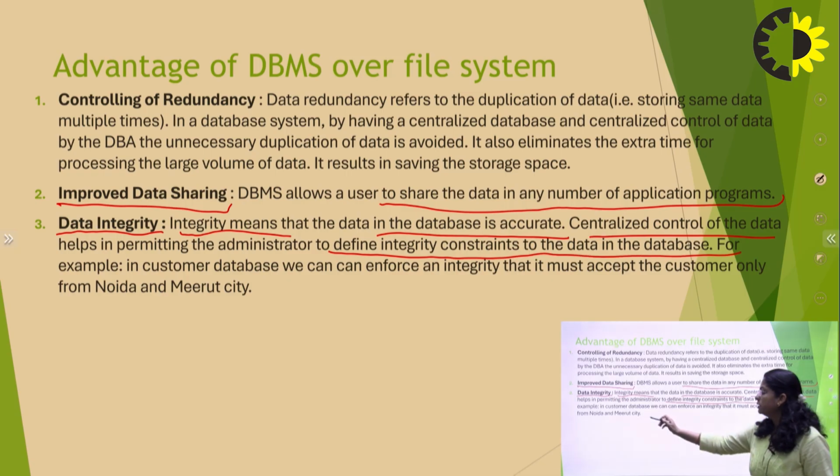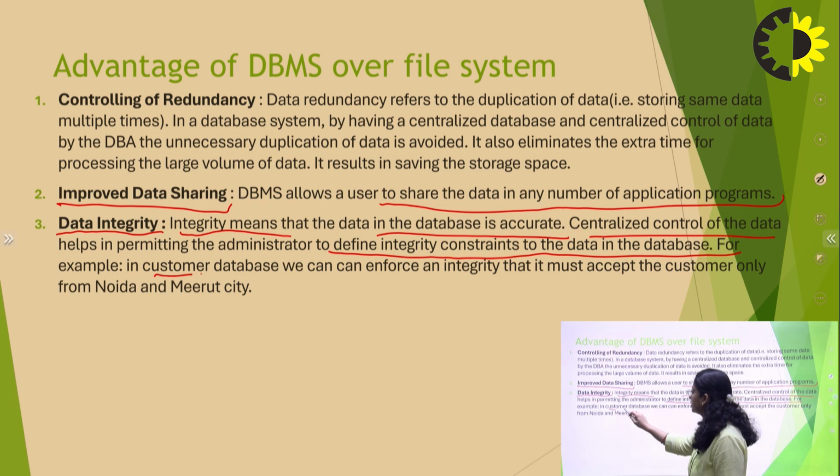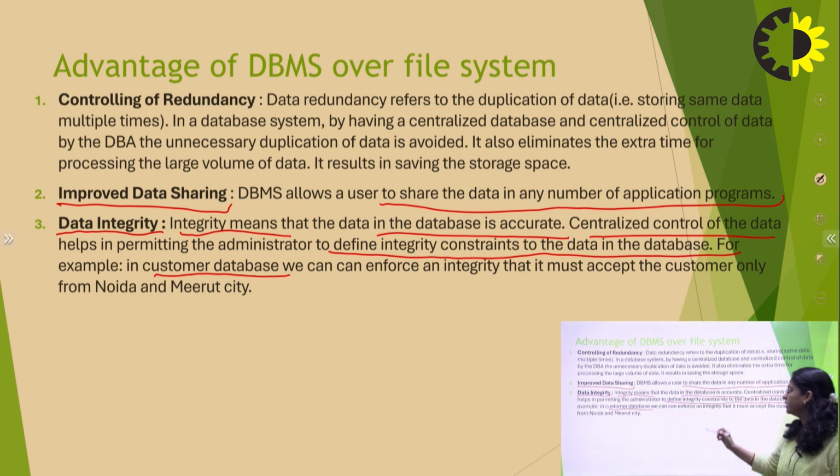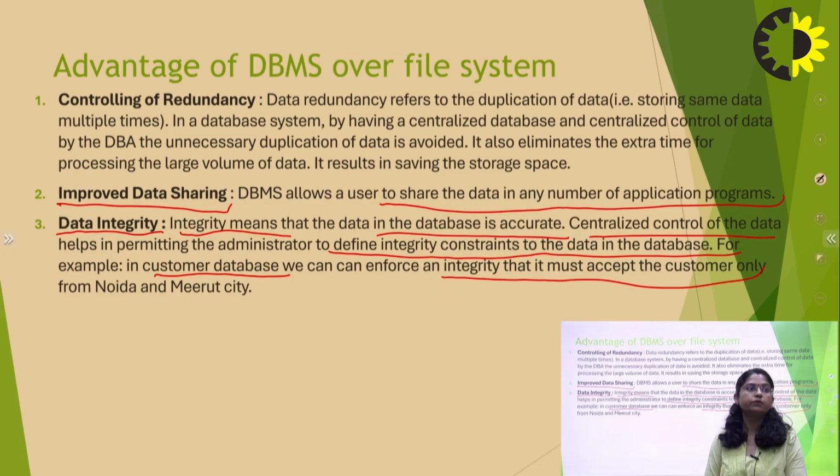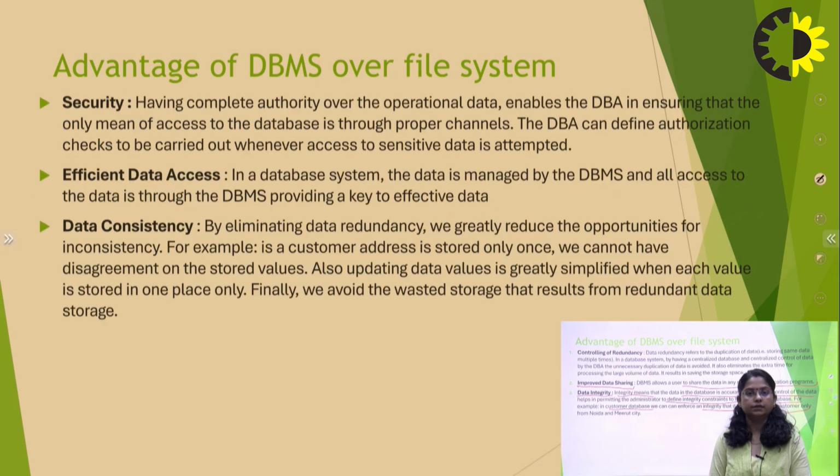For example, in a customer database, we can enforce an integrity constraint that customers are accepted only from certain cities. So, these are the various advantages of DBMS over a file system. We will also see the difference between DBMS and file system.